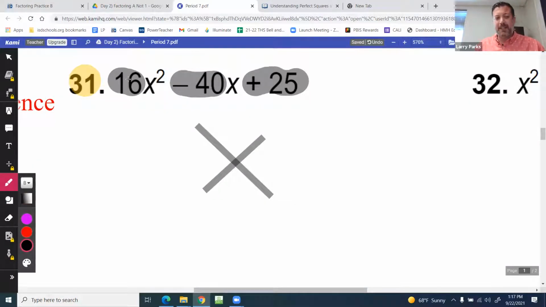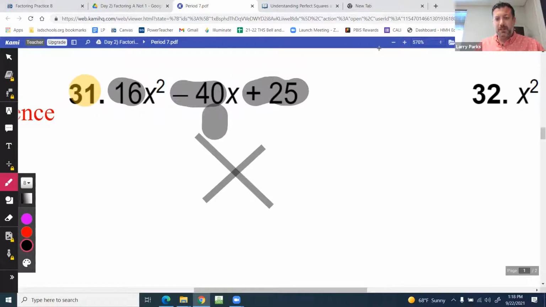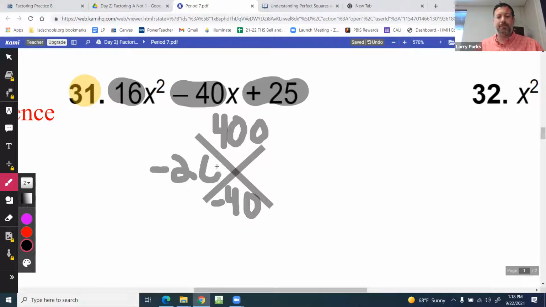So using the same process I said, you take 16 times 25, you put 400 here. It's a large number. And you bring down the -40. And you're trying to find two numbers that multiply to 400, but add to -40. That would be -20 and -20.